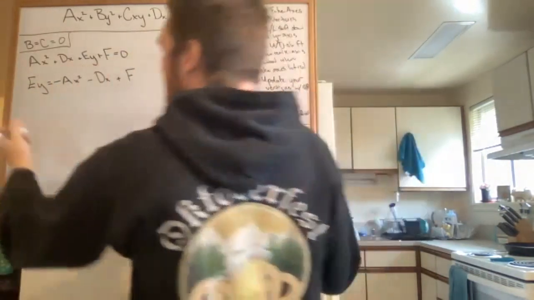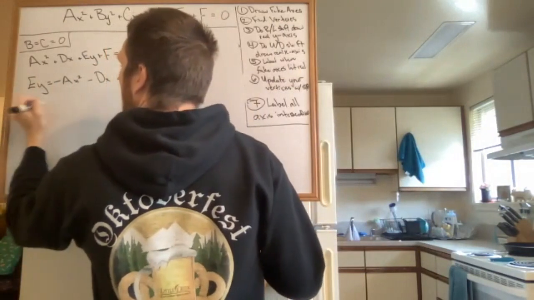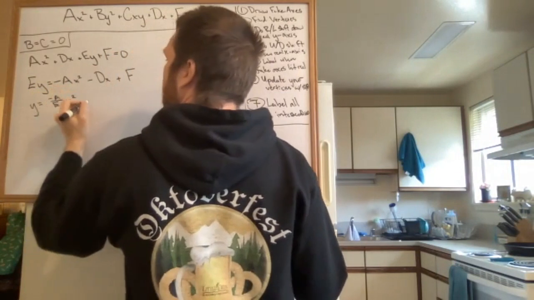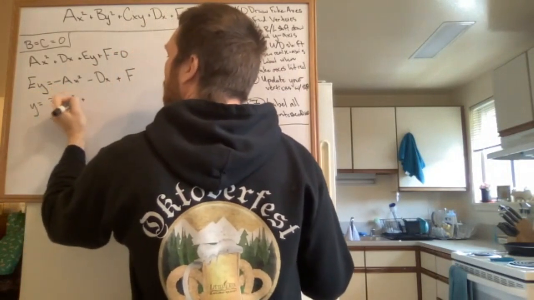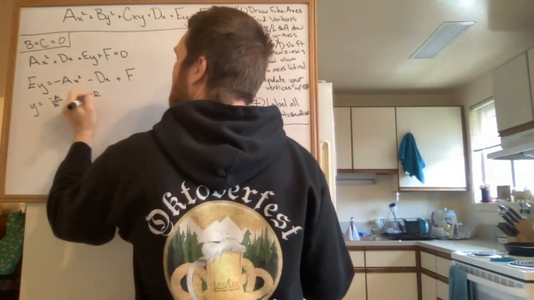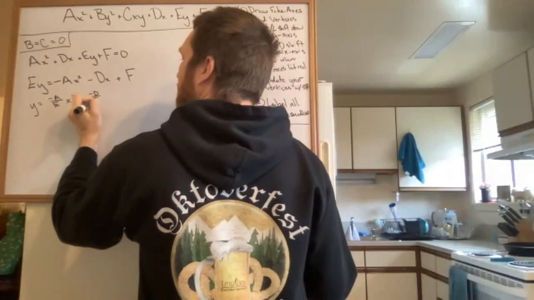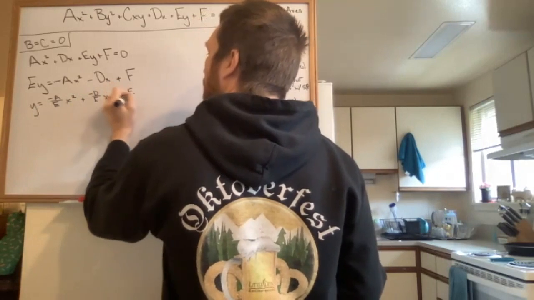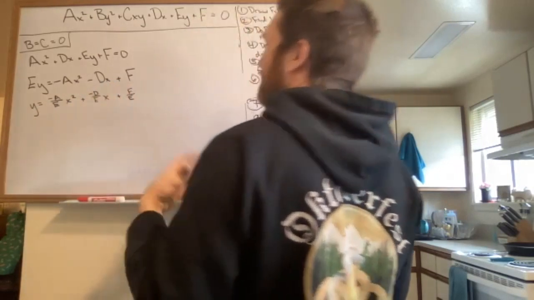Divide through by the e. We get minus a over e x squared, let's write that as a plus negative d over e x, and plus f over e. Why do I use pluses? Well, just because.